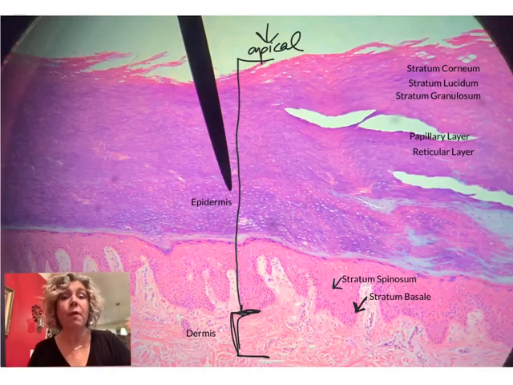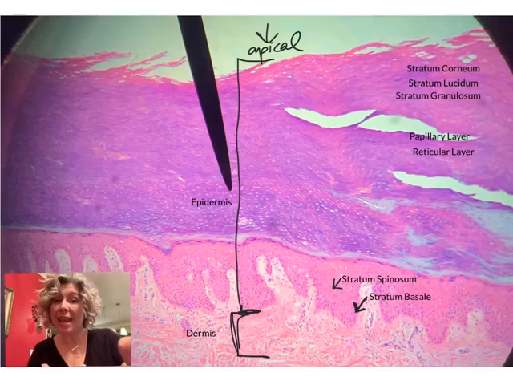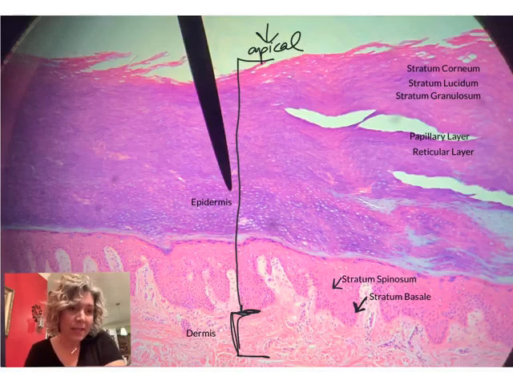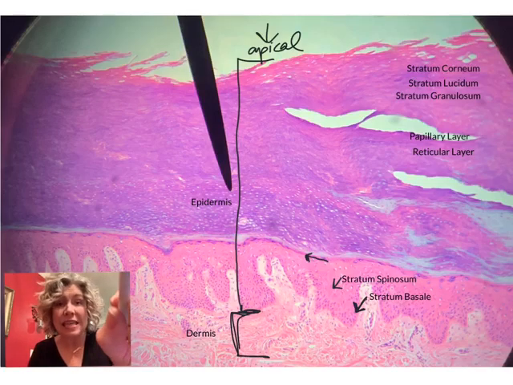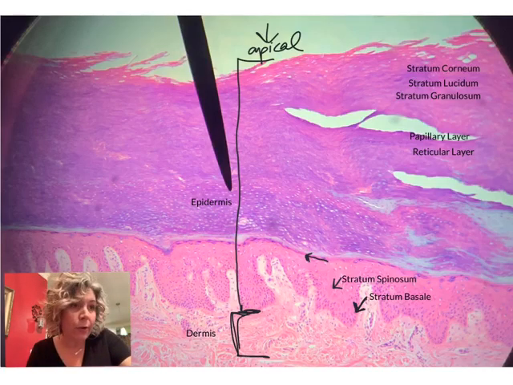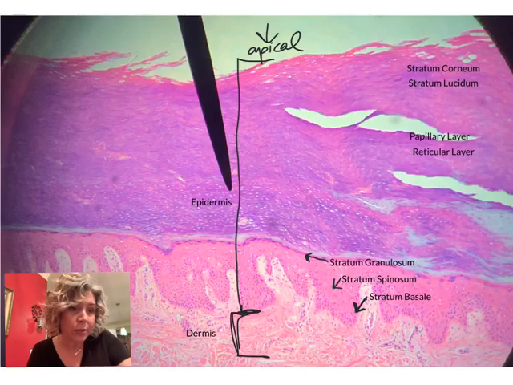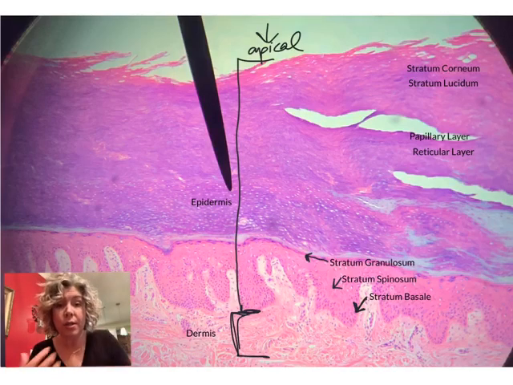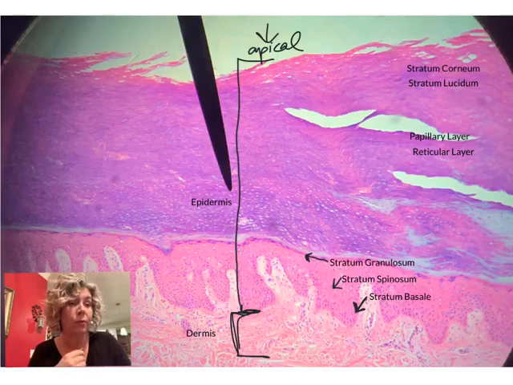So since we're getting pretty far away from the dermis down at the bottom where the blood vessels live, these keratinocytes are going to start to die. When that happens, we'll start to see a grainy appearance in the cells, and that's going to bring us up to the stratum granulosum. Now the granulosum is very thin. I tried to draw a little arrow right in there to the stratum granulosum. Very thin, dark nucleated area. The granulosum's name represents the grainy appearance that this layer has.